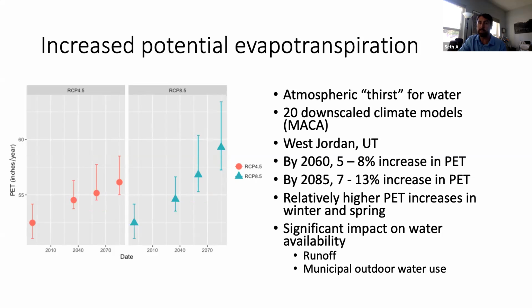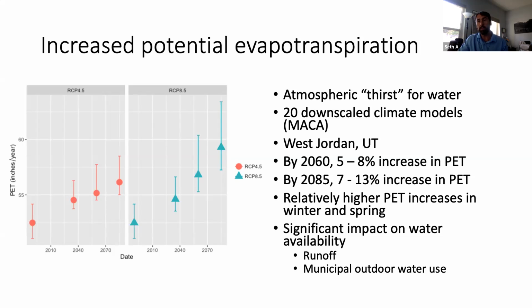There is some seasonality to this. Relatively, the highest potential evapotranspiration increases are projected to occur in winter and spring. Potential evapotranspiration increases in winter probably do not have much of an impact on water supply and stream flow. However, increases in potential evapotranspiration in spring may have an impact on runoff and municipal water use for outdoor landscapes.